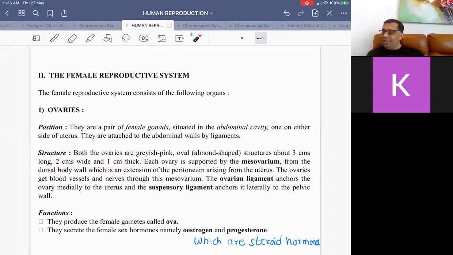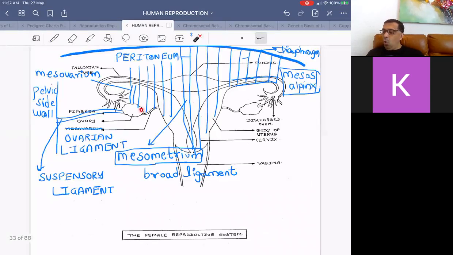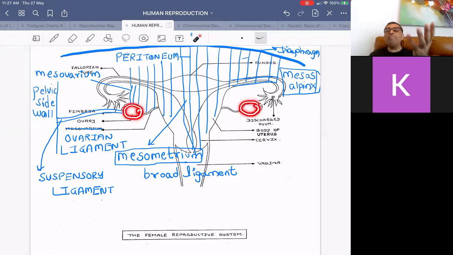Now, here, look carefully. Ovaries are not attached to the female reproductive system. The ovaries are suspended in their positions. If you remember, testes were also suspended above by the spermatic cord and below by threads called the gubernaculum.